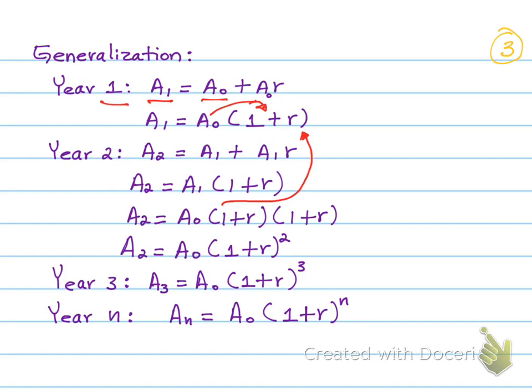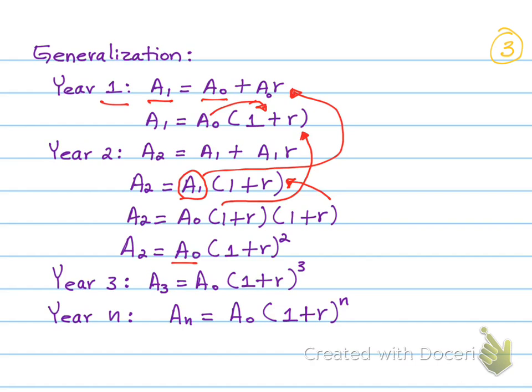We substitute the value of A1 into this formula, and we know that A1 is equal to A0 plus A0R. So that's A0 times 1 plus R times what we had left, and that's 1 plus R. So we can sum these two terms, 1 plus R, 1 plus R, and we get A0 times 1 plus R squared.